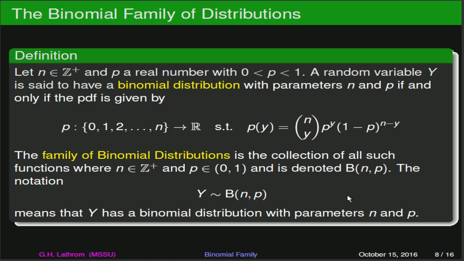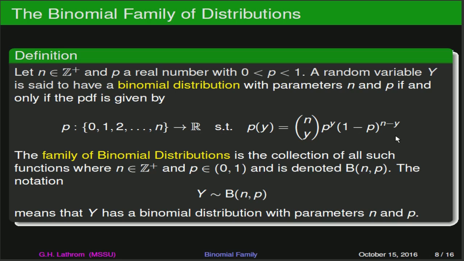So if we have a positive integer n, and p is some real number between 0 and 1, those are going to be our parameters, then a random variable y is said to have a binomial distribution with parameters n and p if and only if the PDF is a function from 0, 1, 2, 3 up to n into the real numbers, such that p of y is n choose y times p to the y times 1 minus p to the n minus y.